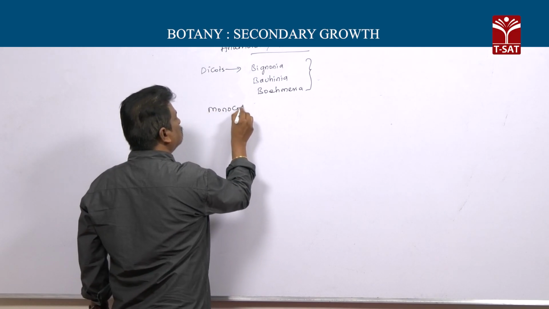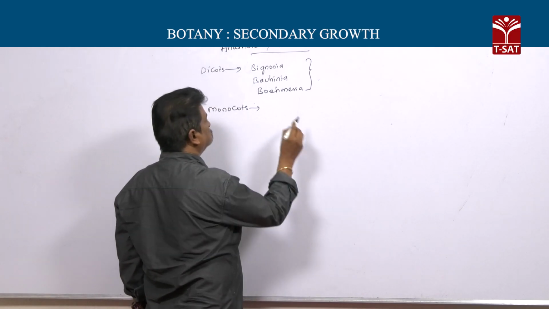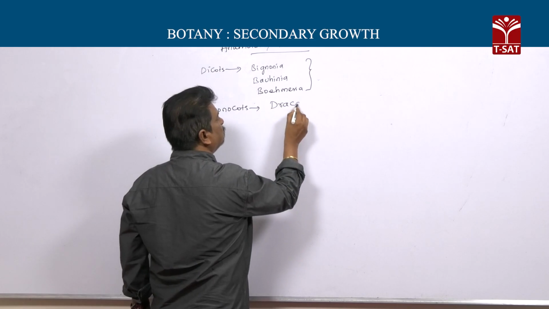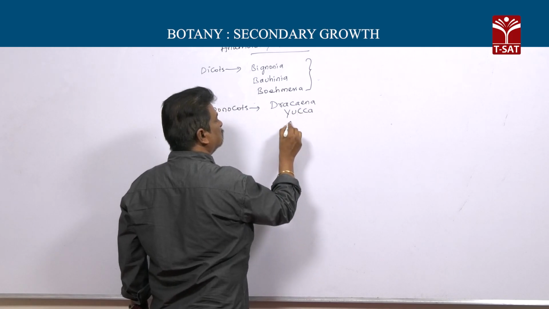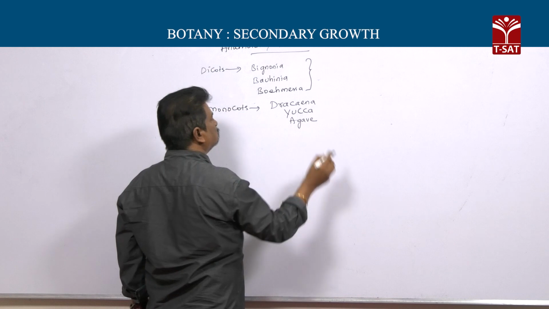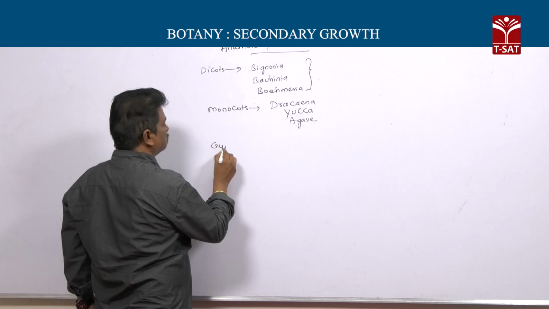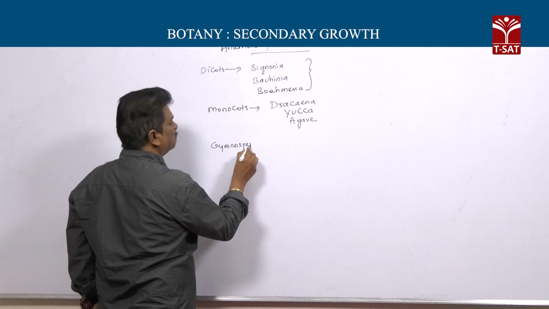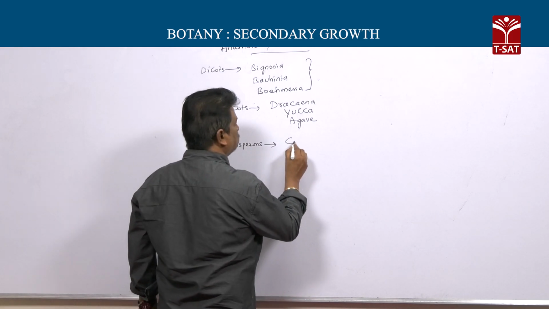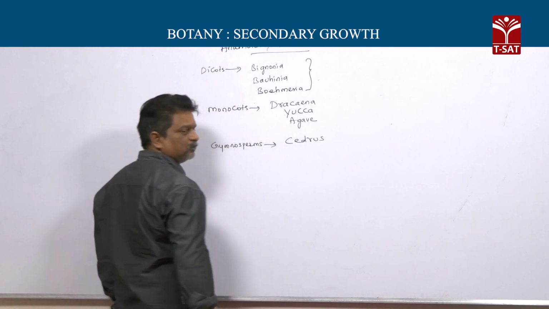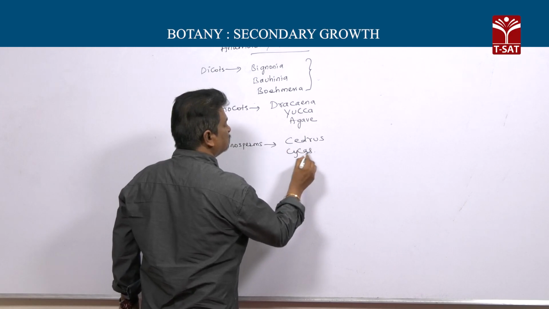Then monocots showing abnormal or anomalous secondary growth: Dracaena, and others, show anomalous secondary growth. Then gymnosperms, even some gymnosperms show abnormal or anomalous secondary growth.